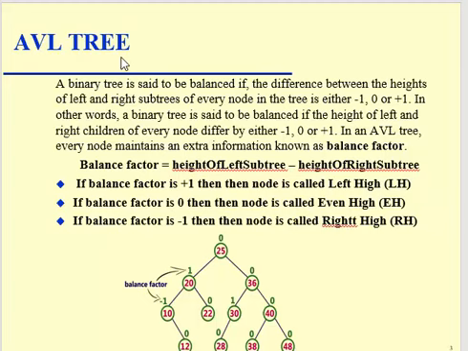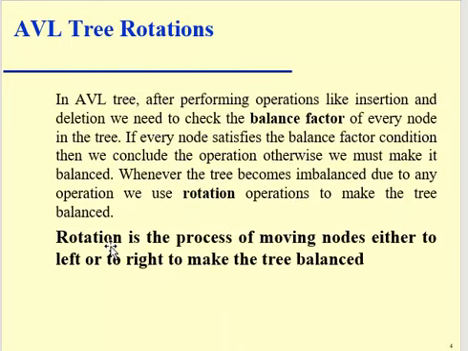The other thing is that while inserting and while deleting, we need to check the balance factor of each node. If the balance factor of each node is 0, 1 or minus 1, that is okay. We don't need to do anything. But if the balance factor is plus 2 or minus 2, then we need to make some rotations, some changes, in order to make it balanced.